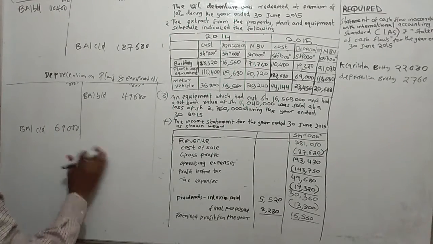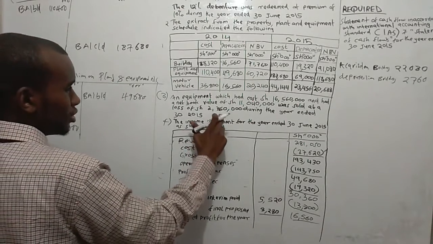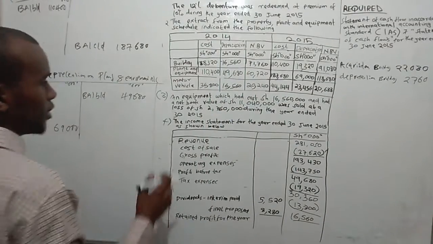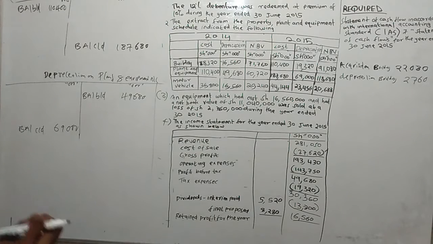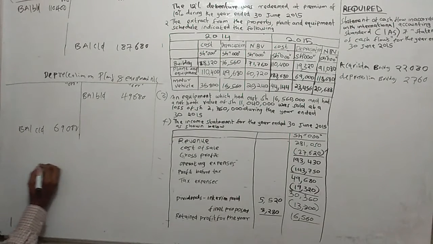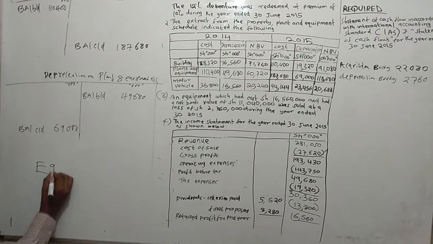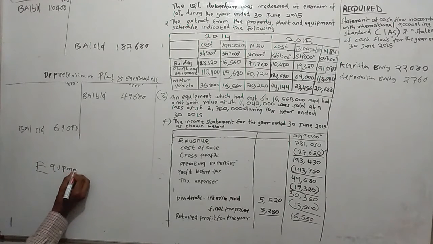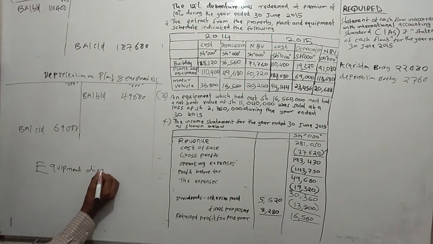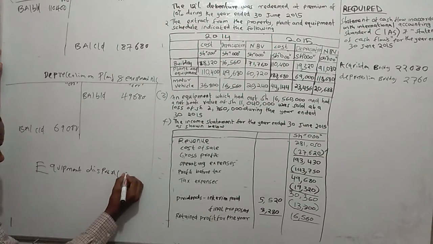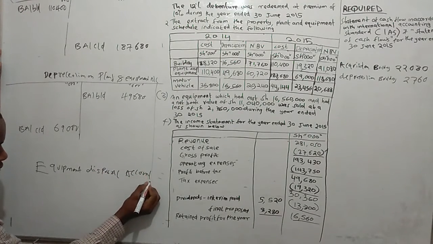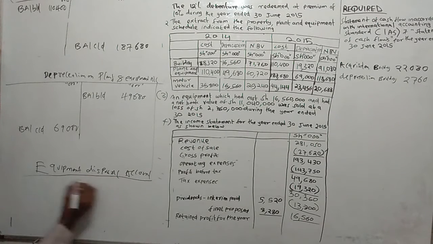Lastly, we are going to open also the account for number 3, the disposal of equipment. So we say equipment disposal account. We would like to finish up with this account.